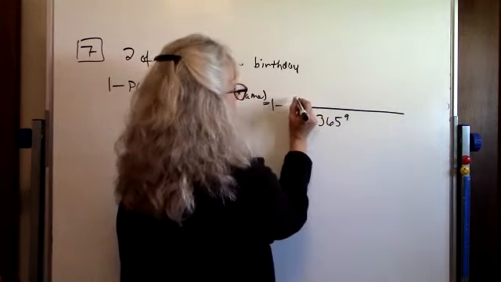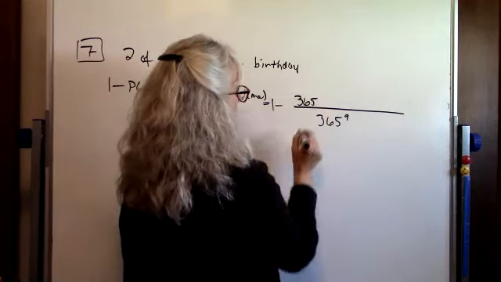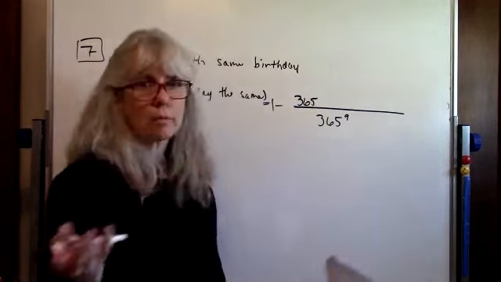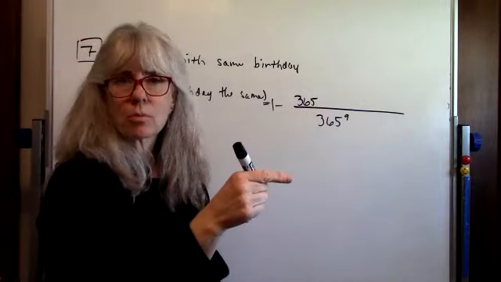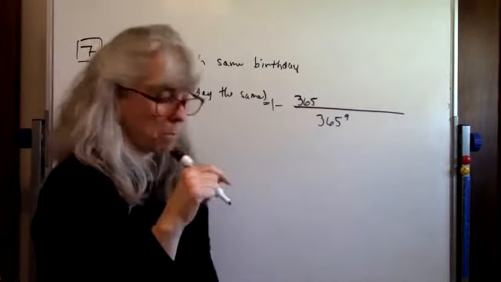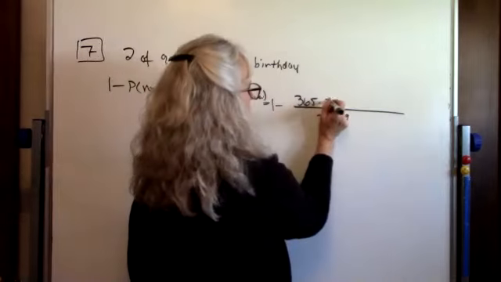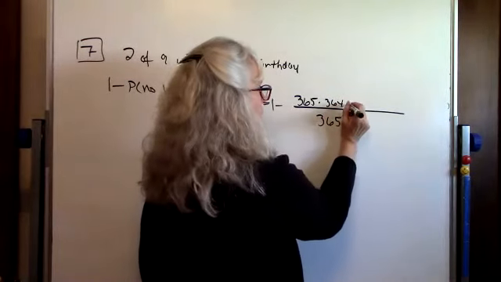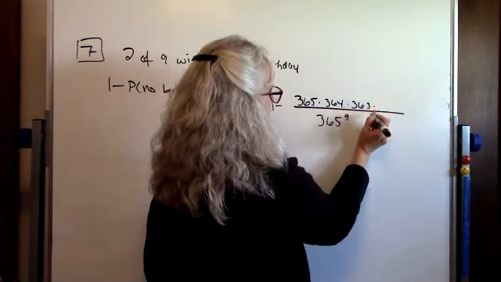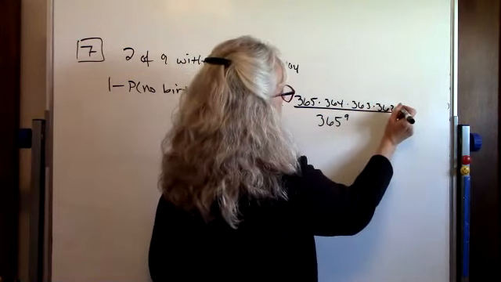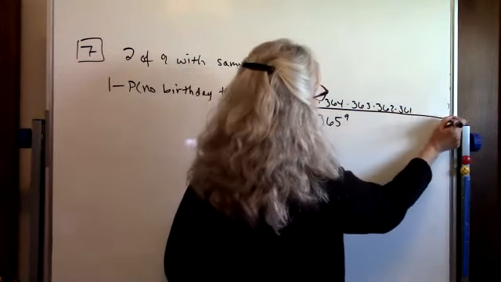So we're going to come in and do, and again, I didn't squeeze it in, but there's a 1 minus. So the first person in the room has 365 choices for their birthday. But the next person in the room is not going to have the same birthday. So we're going to multiply that by 364, and then we'll multiply that by 363 for the third person. 362, 361, it's not going to fit.